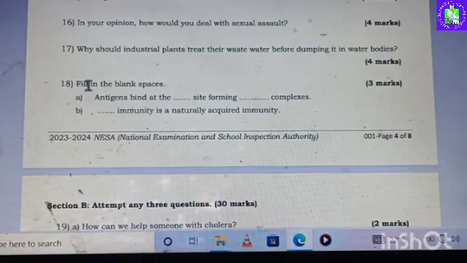Question number 17. Why should industrial plants treat their waste water before dumping into any water bodies?